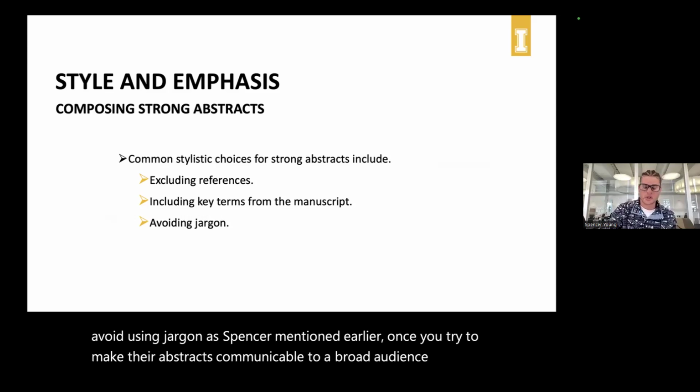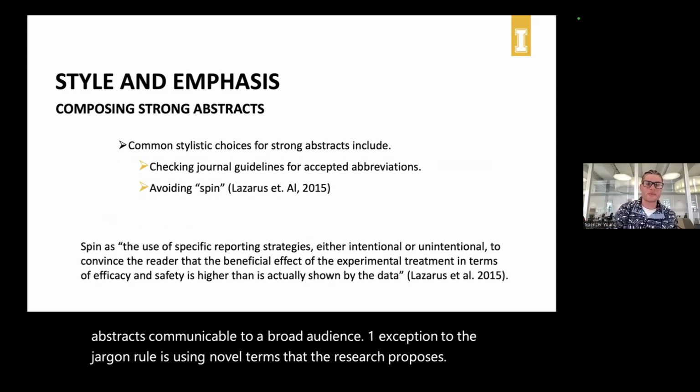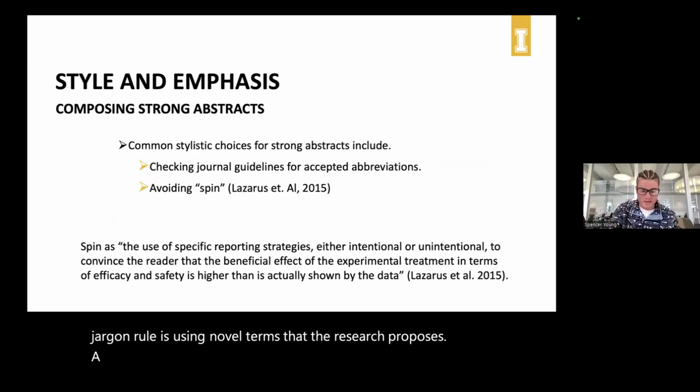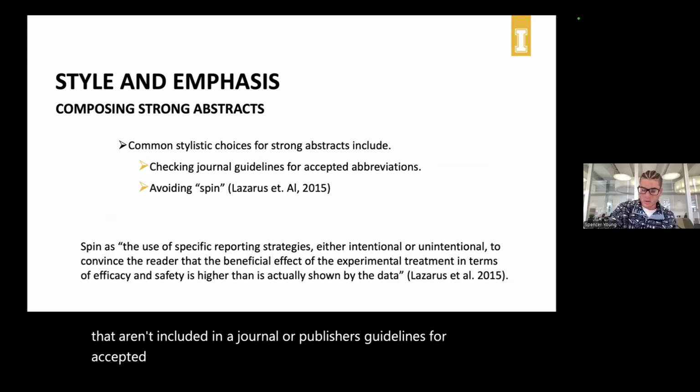One exception to the jargon rule is using novel terms that the research proposes. A few other stylistic choices include avoiding any abbreviations that aren't included in a journal or publisher's guidelines for accepted abbreviations. Lastly, one should try to avoid spin in composing one's abstract.